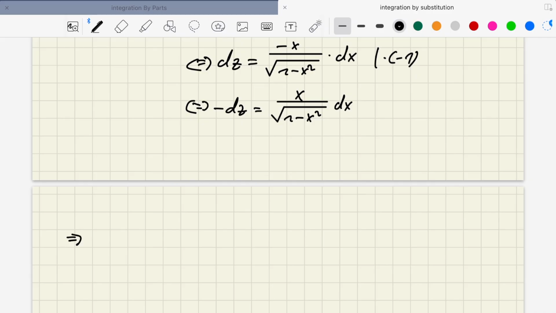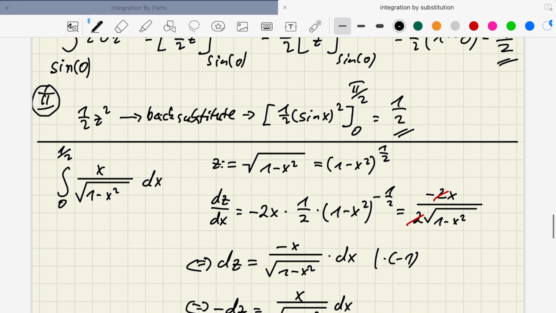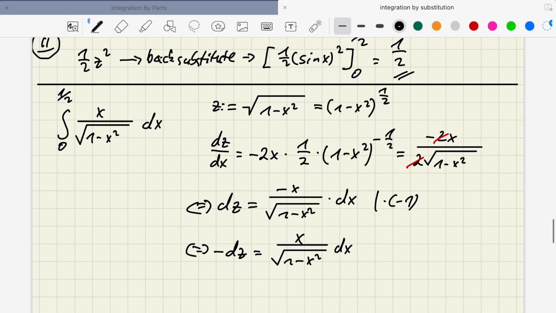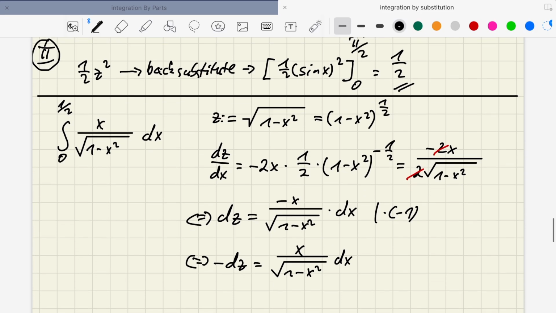We get the integral of minus dz with the limits of, okay, your limits have to be put in here. So you have your new limits.